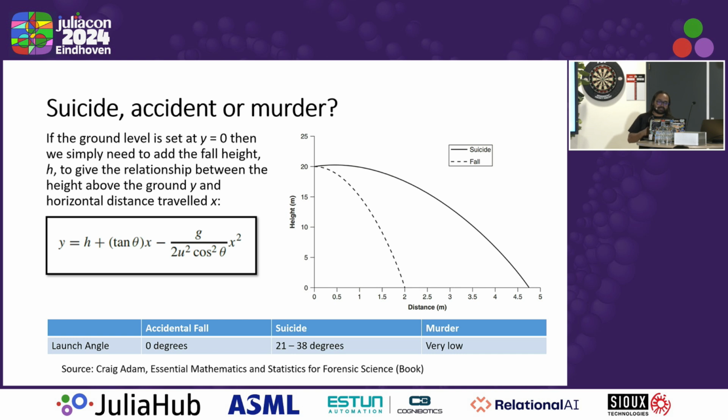With respect to suicide, the launch angle is more, between 21 to 38 degrees. If it is a murder, then it may be very low, because the person may be just throwing the body or just pushing. Of course the force will be lesser, and the launch angle will be lesser compared to suicide here. And this is the formula you can use to determine the y.